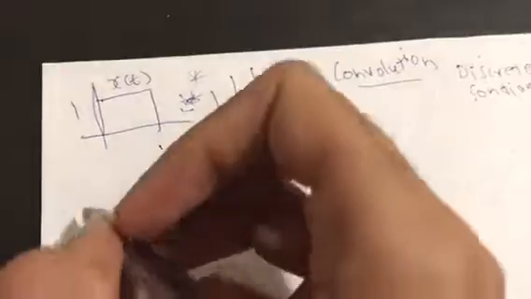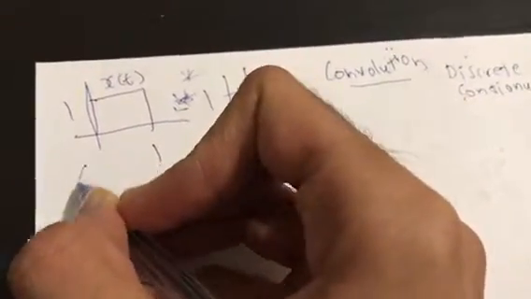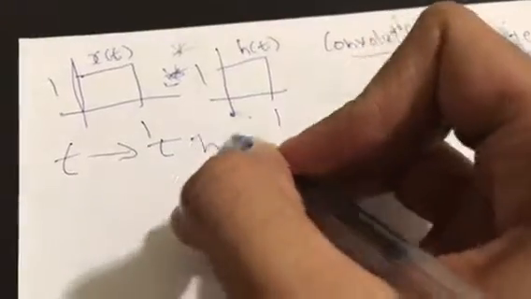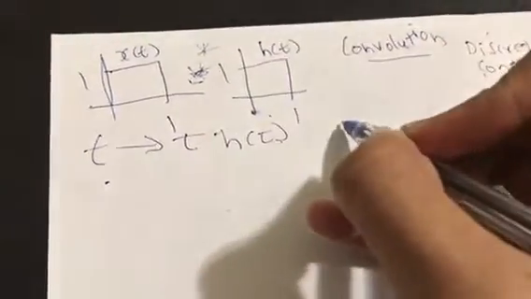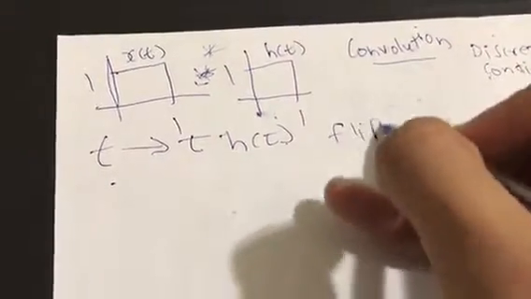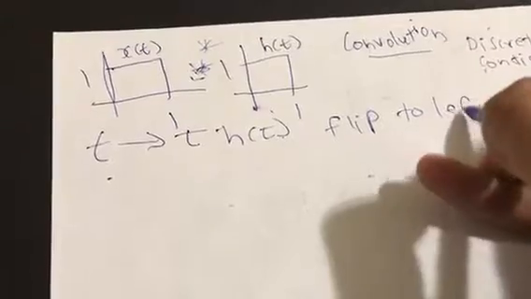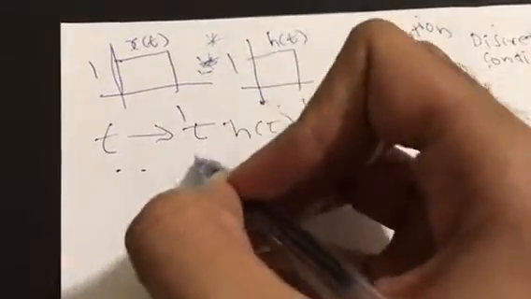So the first step is to convert t to tau. So that is h of tau that we are taking. So this will be h of tau. And then flip it to the left. Right? So flip it to the left here.